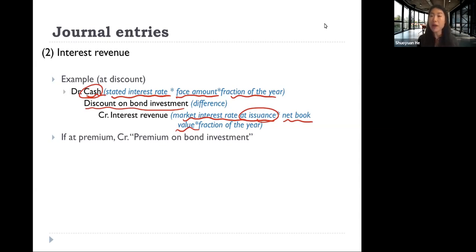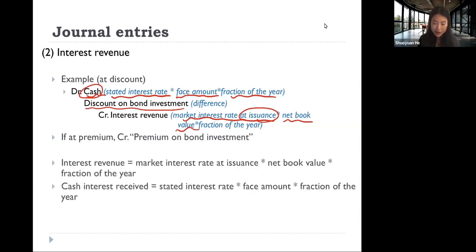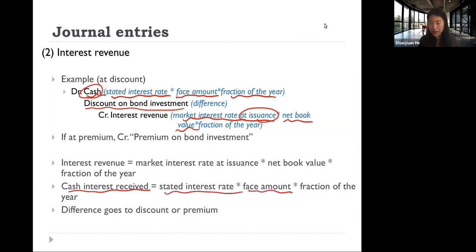And then in some other situation, the bond is going to be issued at a premium. So if it is issued at a premium, we're going to credit premium on the investment. So as I said here, the cash interest received is going to be calculated as face amount multiplied by stated interest rate, multiplied by the fraction of the year, versus interest revenue, which is going to be calculated as net book value multiplied by the market interest rate at issuance multiplied by the fraction of the year.